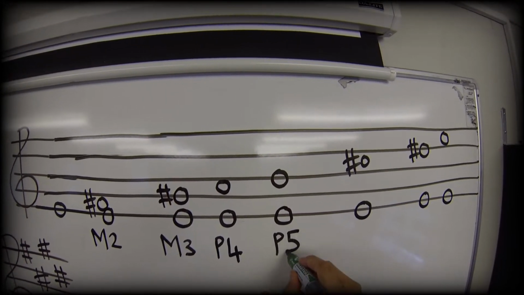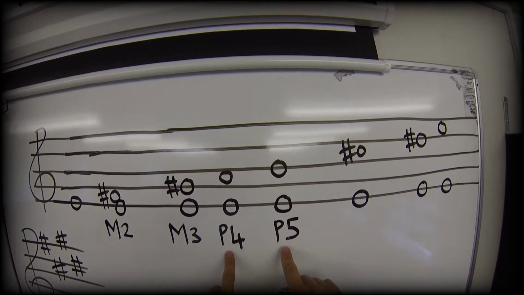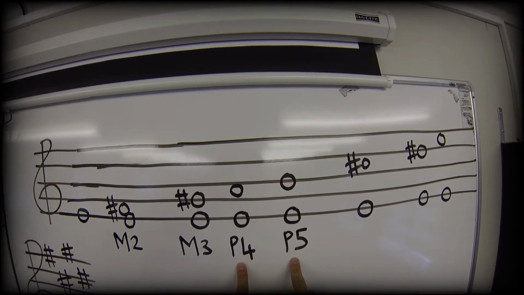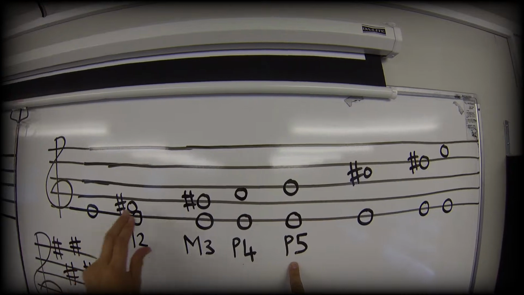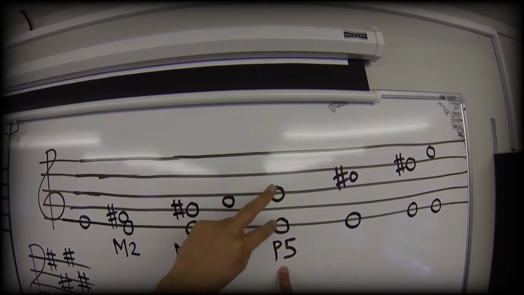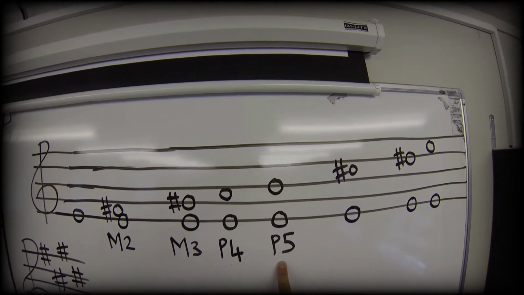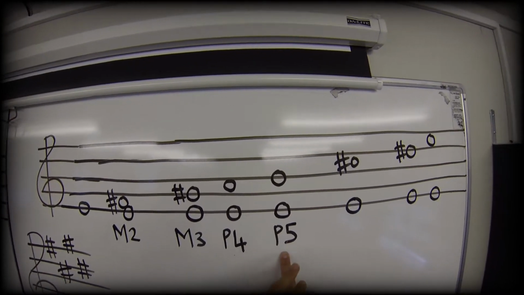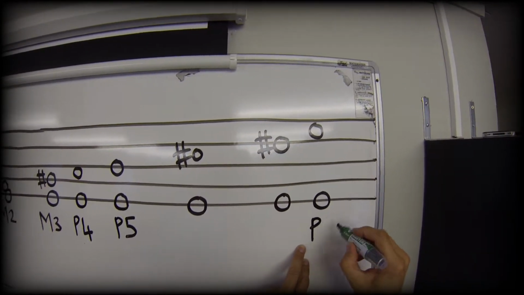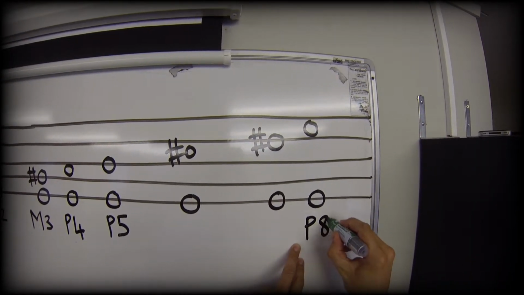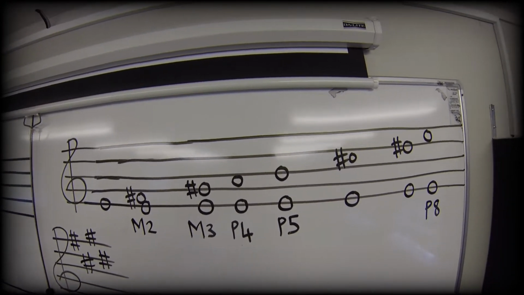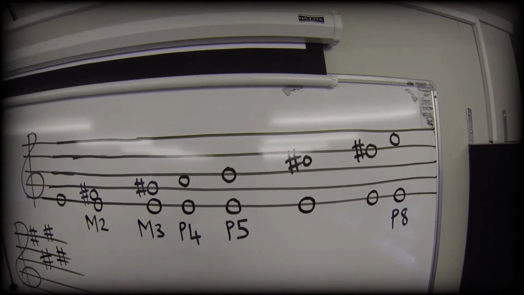Now, the easiest way to explain why that's a perfect fourth and a fifth is that whether we use a minor scale or a major scale, we use those same intervals. So the fourth, the fifth, and actually the octave are consistent between the major scale and the minor scale. So we can't call them major intervals.